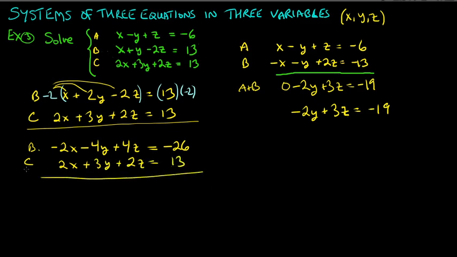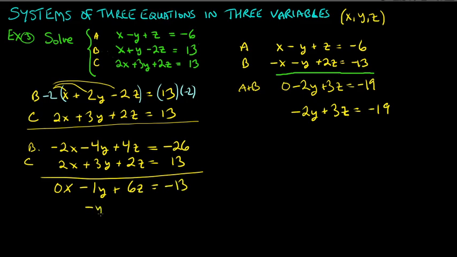Now when we add b plus c, we get 0x, like we did up here. Same thing. Minus 1y, and then plus 6z, and that's going to equal negative 13.